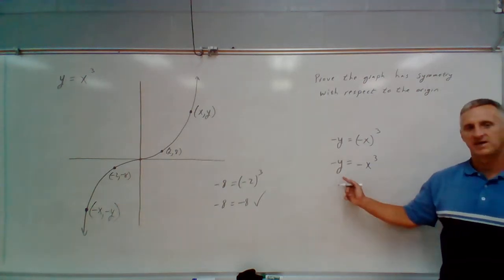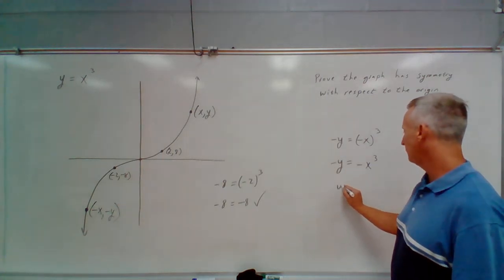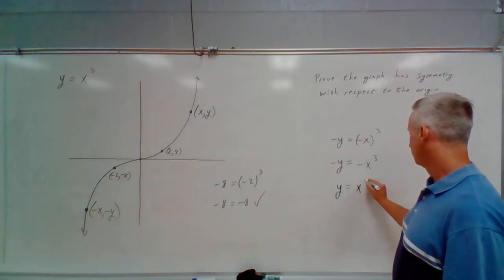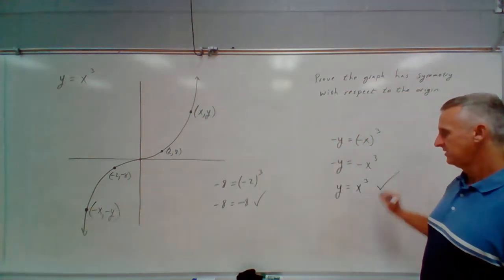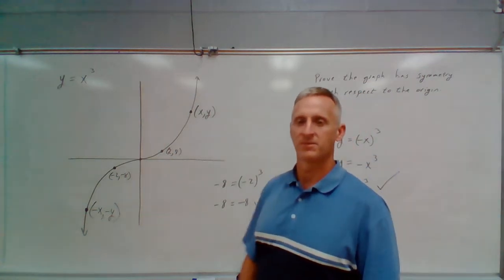If I divide both sides of this by -1, I'll get y equals x to the third, which is what we started with. So that's true.